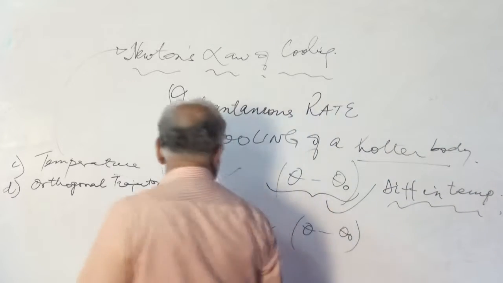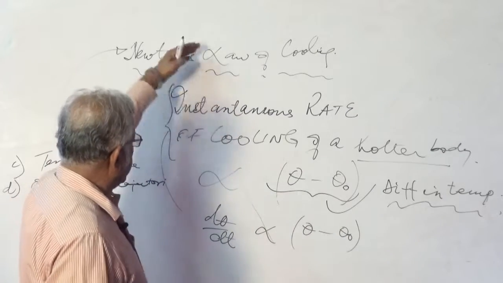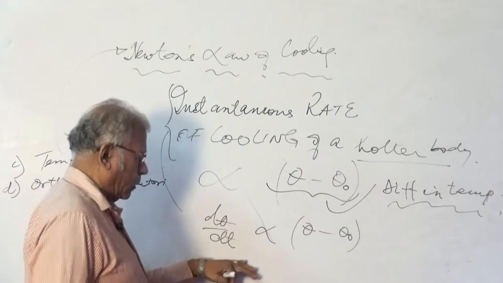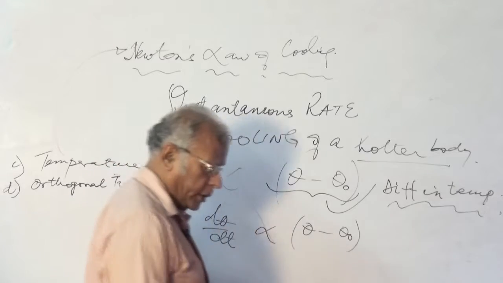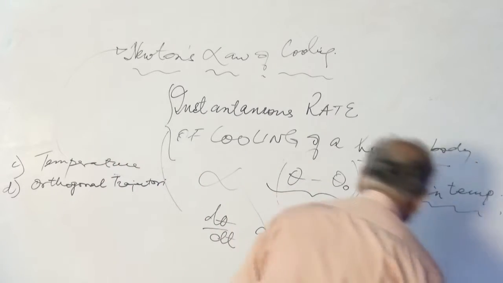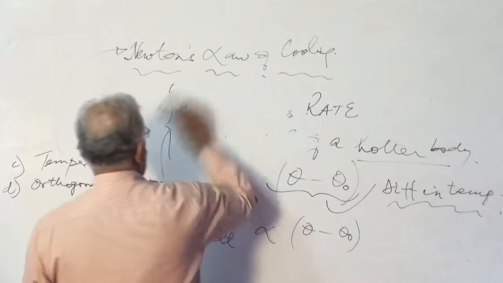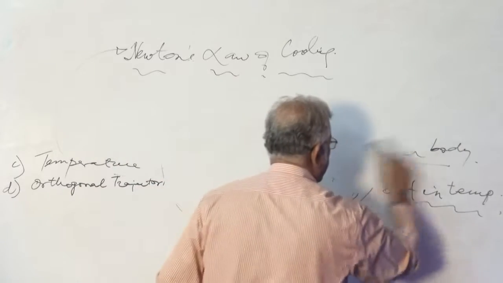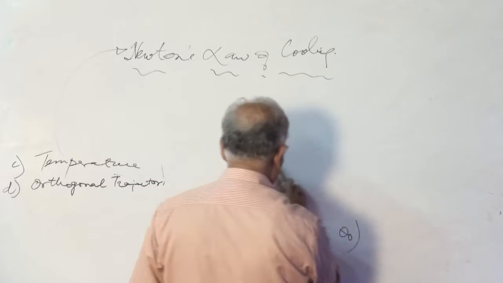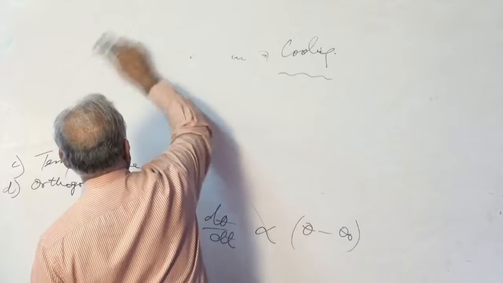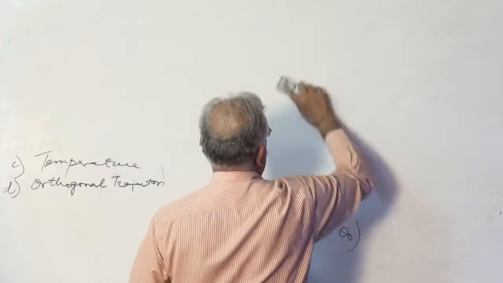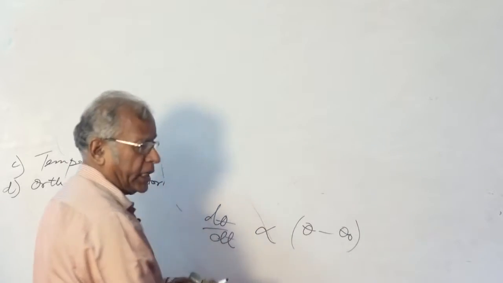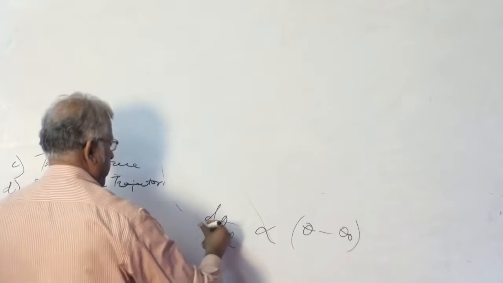That's fine. Now, if we just care to remove what we have written on top and just dwell on this particular equation, we will see that we can remove the sign of proportionality and replace it by a constant. And again, we will discuss the sign of that constant.